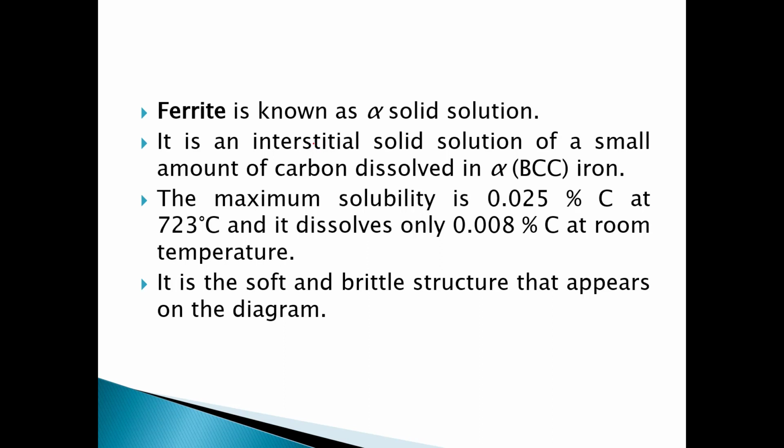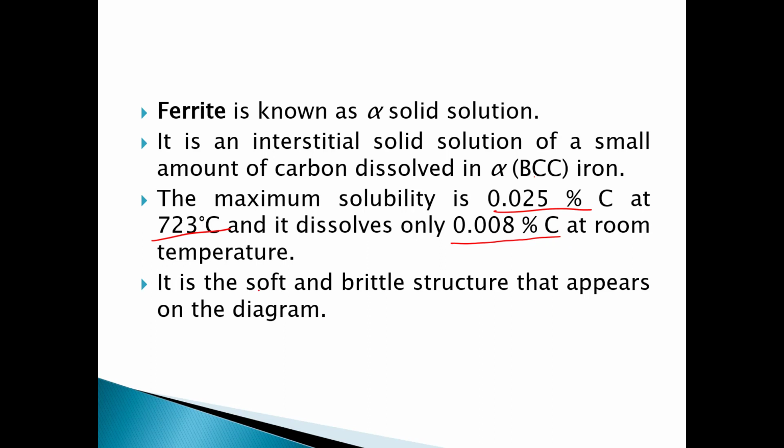It is an interstitial solid solution of a small amount of carbon dissolved in alpha iron, that is BCC. The maximum solubility is 0.025% of carbon at 723 degrees Celsius, and it dissolves only 0.008% of carbon at room temperature.